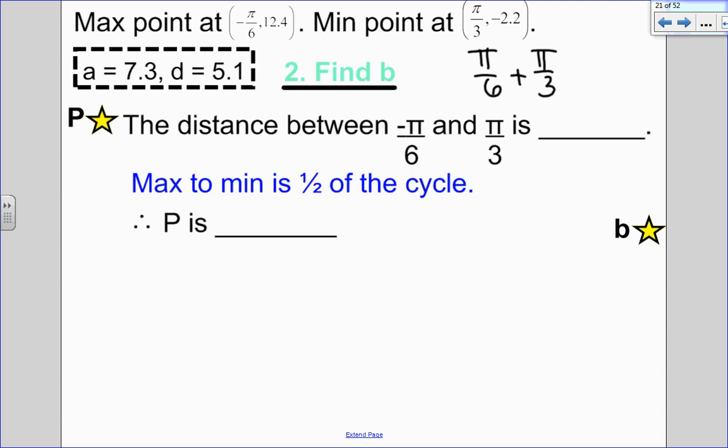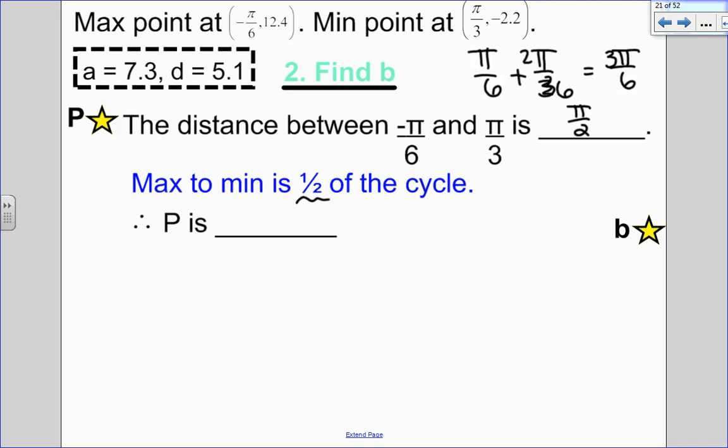So to add those, I just really need a common denominator. So instead of pi over 3, I'll call this 2 pi over 6. So adding those together is 3 pi's over 6, which is just pi over 2. So the distance between those is pi over 2. But that is only half of the cycle.